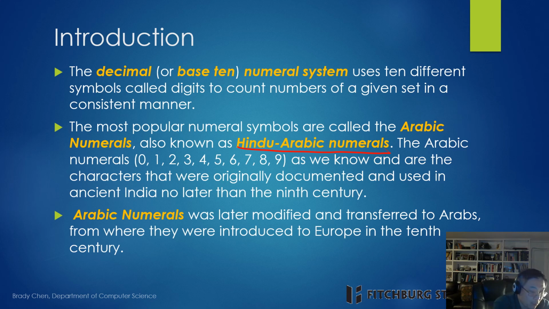The Arabic numerals, as we know them, are characters that were originally documented and used in ancient India. They were first used in India no later than the 9th century, and were later modified and transferred to the Arabs. From there they were introduced to Europe in the 10th century, about one century later.